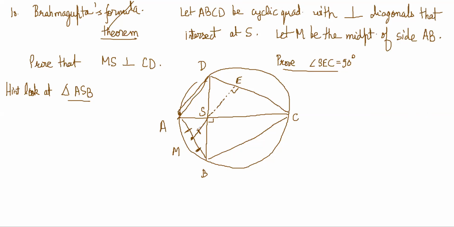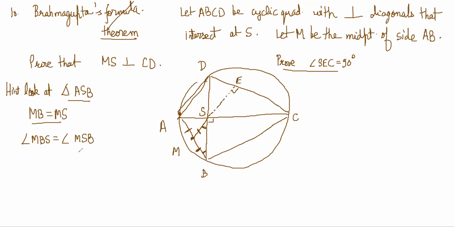M is the midpoint of the hypotenuse, no? So MB is equal to MS, because the midpoint of the hypotenuse is the circumcenter of this right angle triangle, right? So MB is equal to MS. So angle MBS is equal to angle MSB.